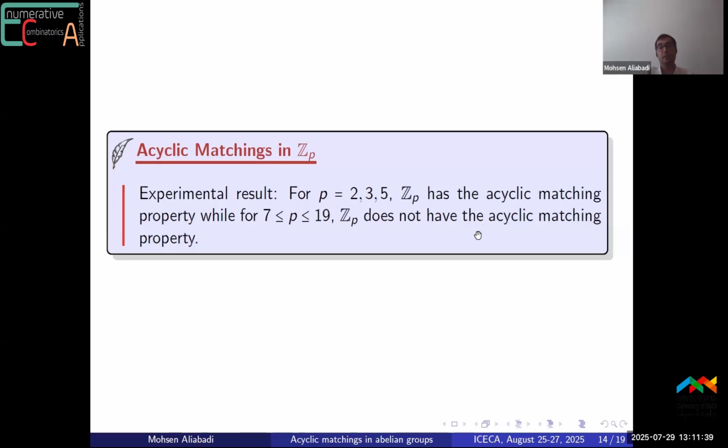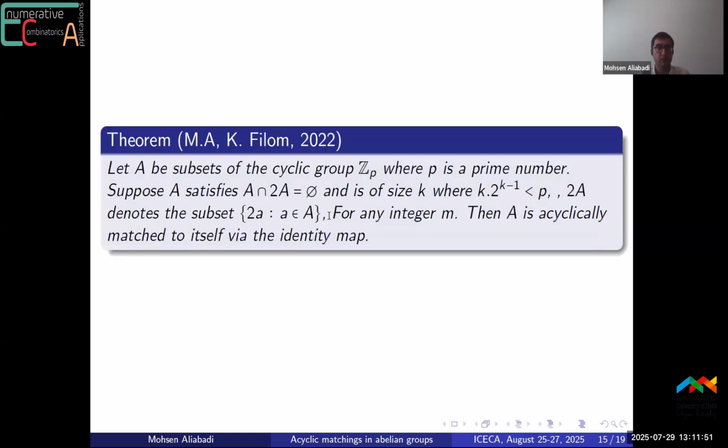And the complexity of our code was very high. We couldn't go further, or I would say beyond 19, because even 19 on its own took 3 months to run.